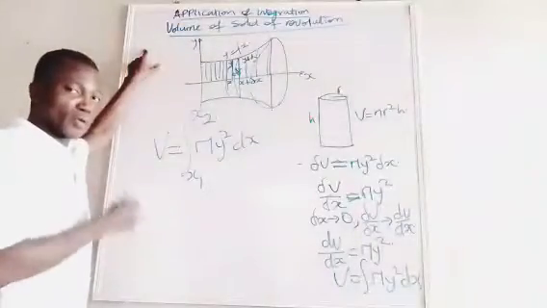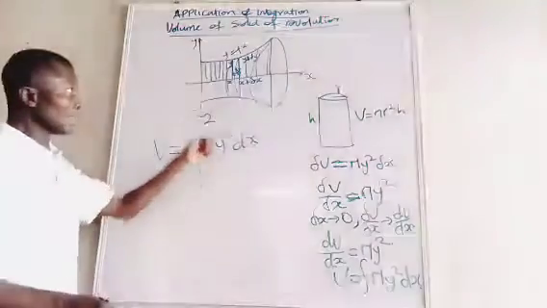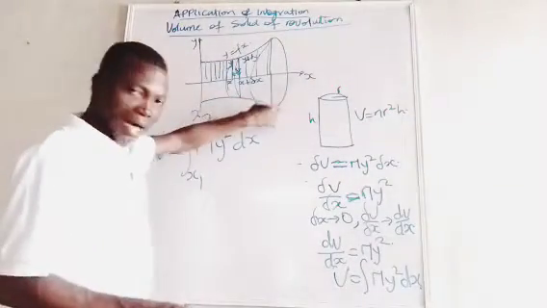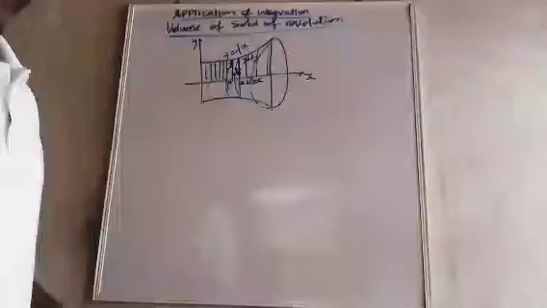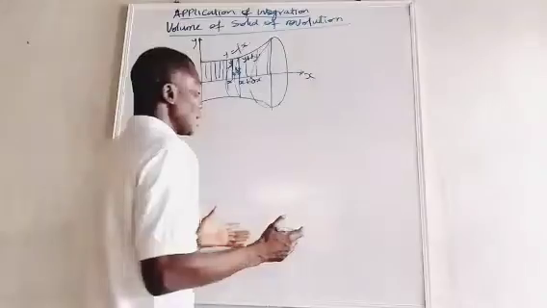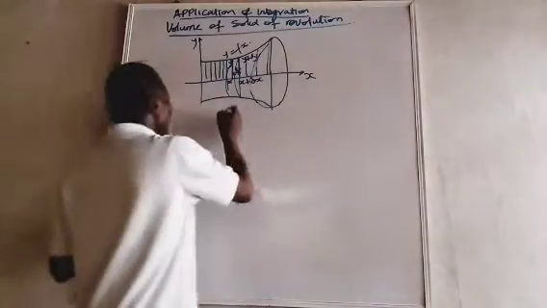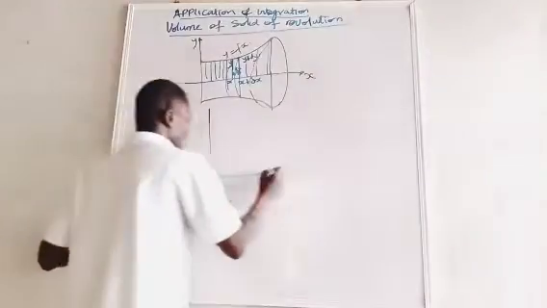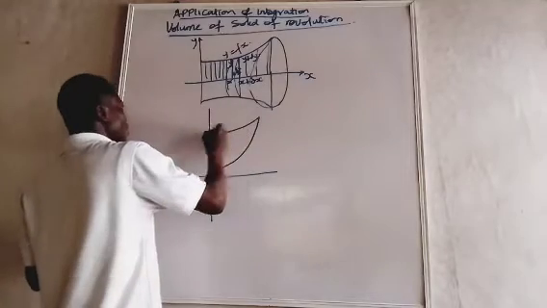I believe for this level, I am taking three of them. So this is one of them, when it is rotated around the x-axis. Please take note of this. Just like we had in area, we can also have this rotated around the y-axis. Let's say we have it like this and we now rotate it round like this.